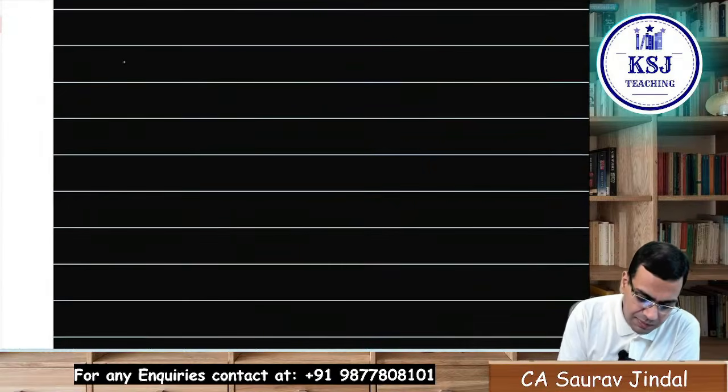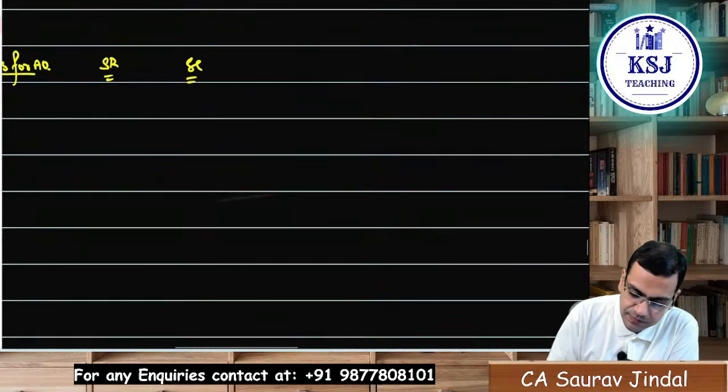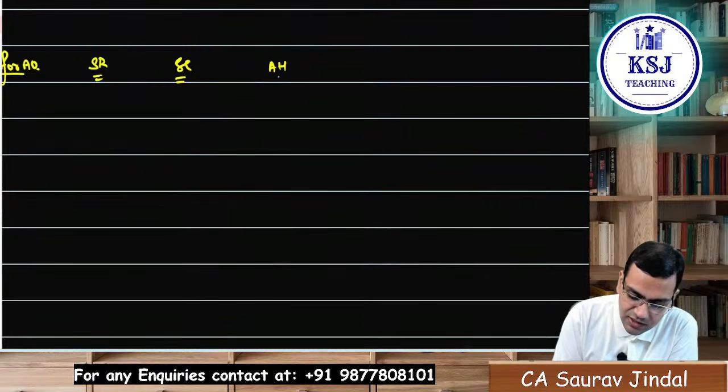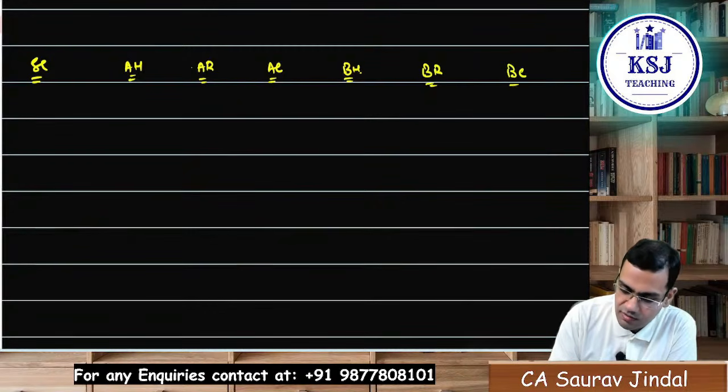Let's prepare the table. Standard hours for actual output, standard rate, standard cost. Actual hours, actual rate, actual cost. Budgeted hours, budgeted rate and budgeted cost.